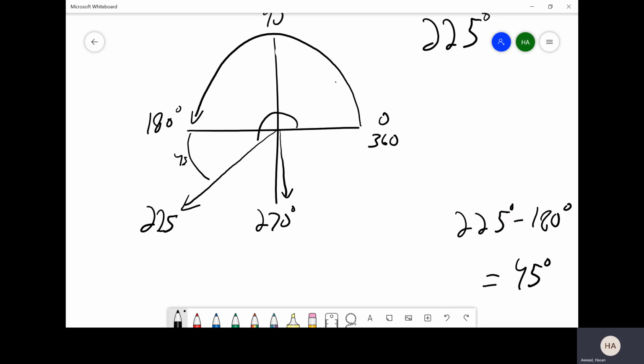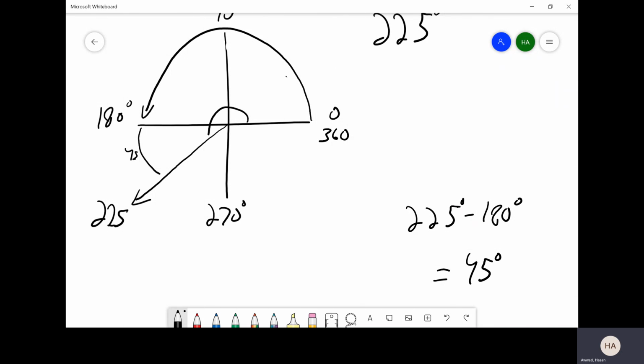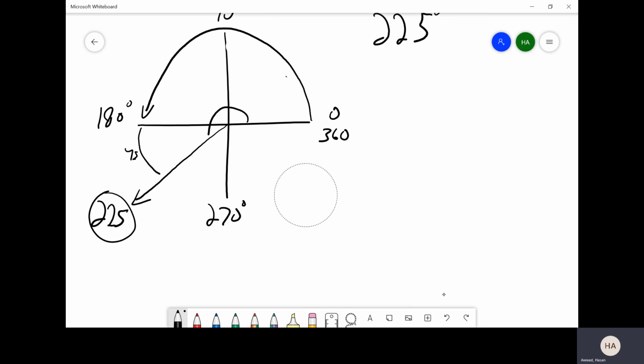Where 271 is just slightly more than 270, far closer to 270 than it is to 360, but not exactly 270. So for 225, once again, we figured out that it was 45 degrees more than 180, and because we know how to draw a 45-degree angle, this really isn't too much of a problem, right? We're just splitting the quadrant in half, so we add 45 on top of that 180, and we get our 225 as desired. Okay, so next up, we have negative 30.